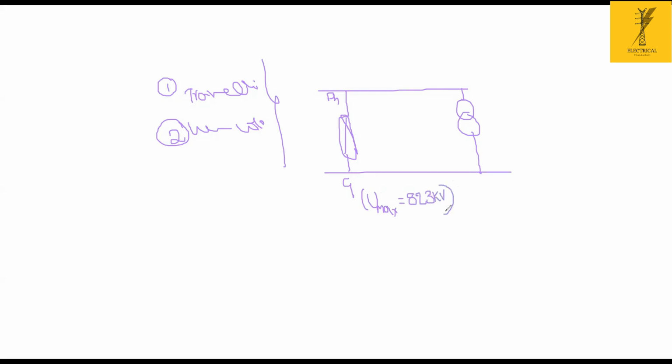See, generally, how does the lightning fall on the system? Generally, the lightning will fall directly on the transmission line. If lightning falls directly on the transmission line, the lightning arrestor here will fail. The lightning arrestor will discharge only a small content of the lightning impulse.